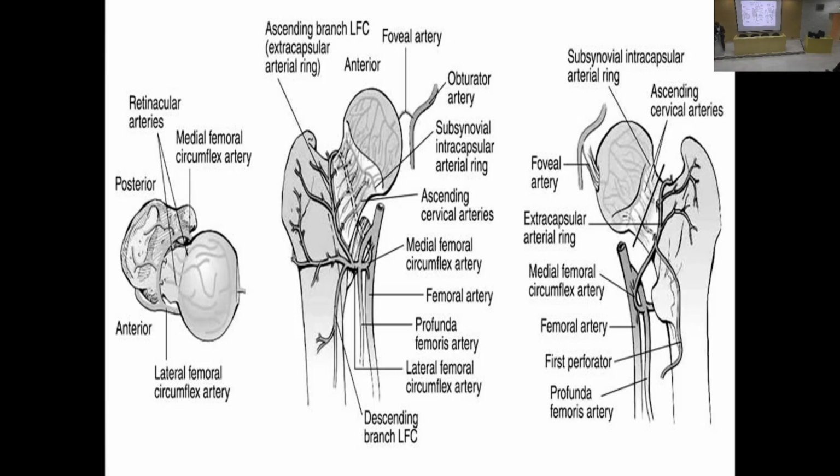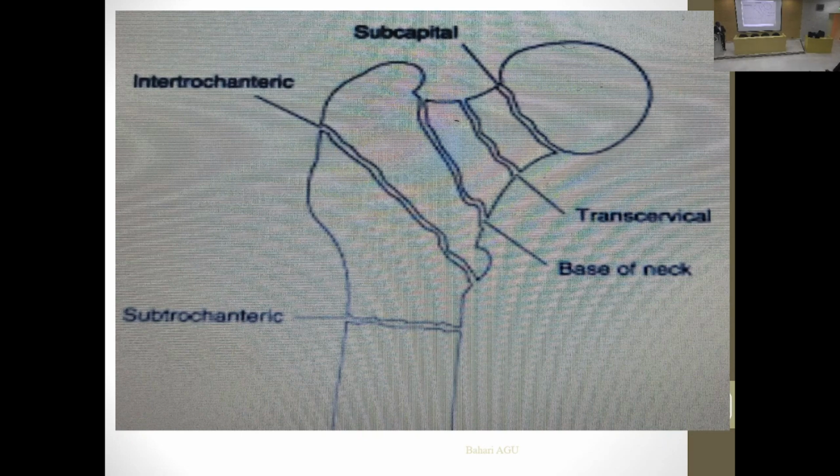The capsule descends to the base of the neck, so any fracture within that capsule is considered intracapsular, like subcapital fractures, transcervical fractures, and fractures at the base of the neck, basocervical. All three are considered intracapsular fractures.